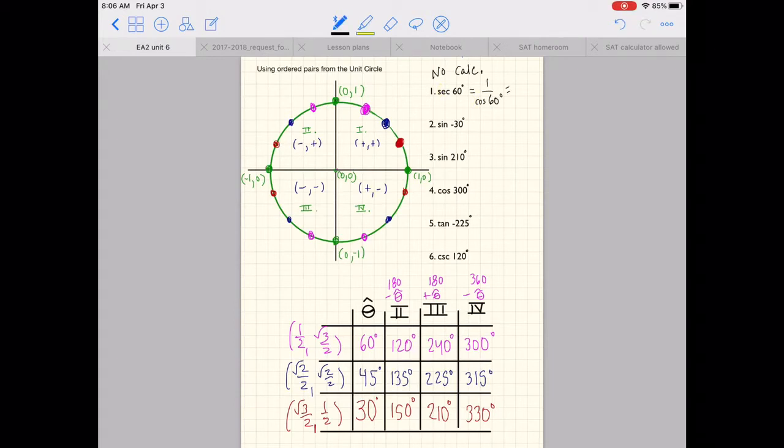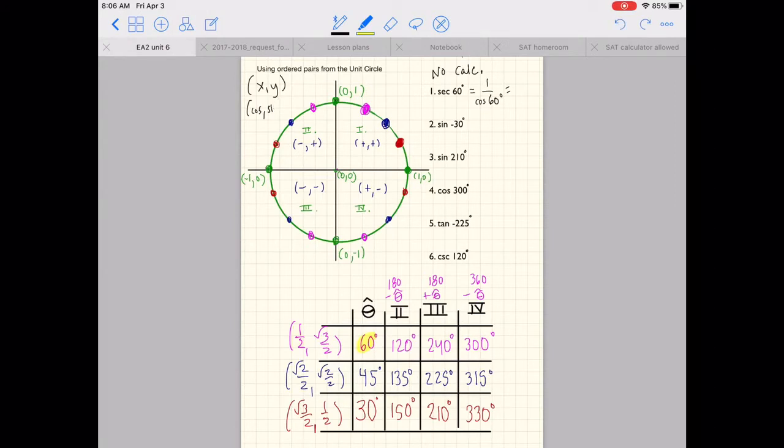Now, cosine at 60. So if you look at 60 degrees, like x and y, cosine comes before sine. So cosine is essentially x, okay? On the unit circle, at least. It's the easiest way to think of it. So 60 degrees, and the x value is 1/2.